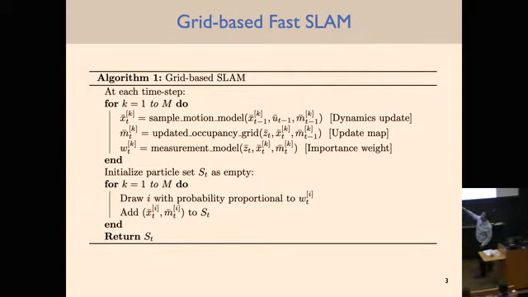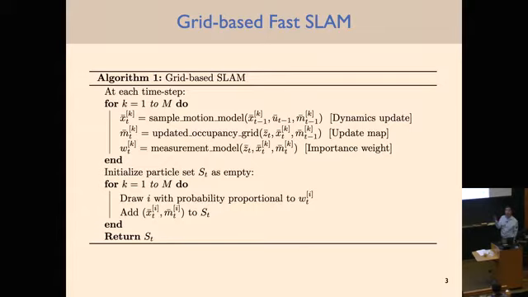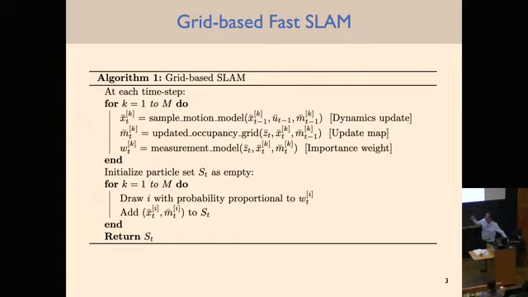And then the second for loop is doing the resampling step in the particle filter. So for k equal to 1 through M, we're drawing index i with a probability that's proportional to w_t. So if w_t was high, let's say like 0.9, then we sample index i with probability proportional to 0.9. And then we just keep sampling capital M times and then add the location x_t and the map m_t.